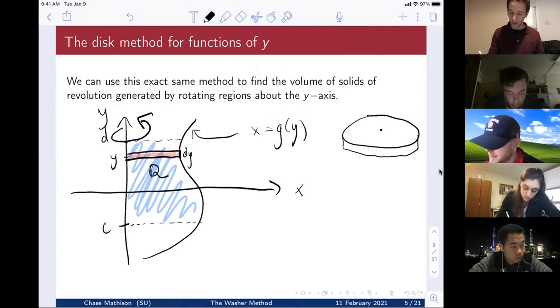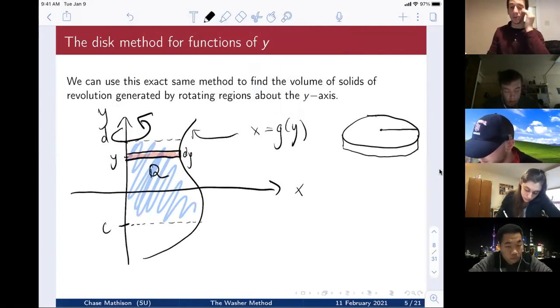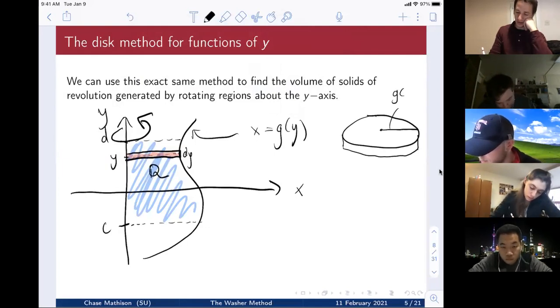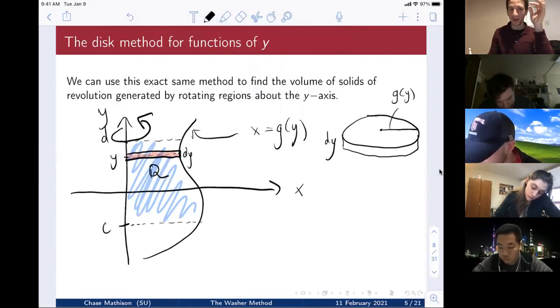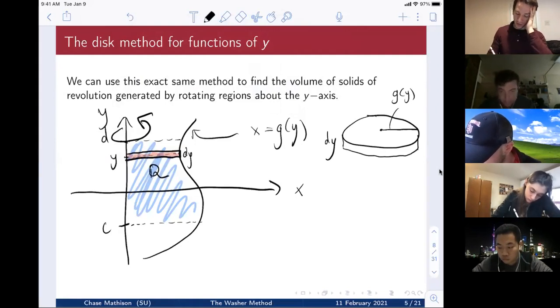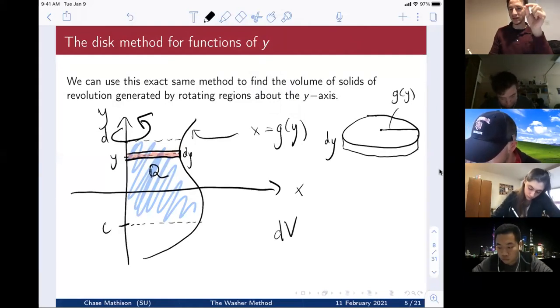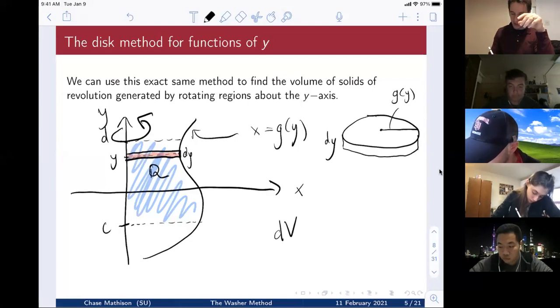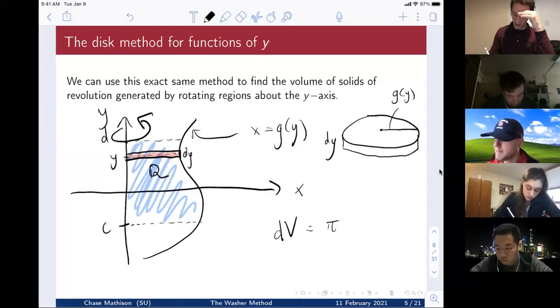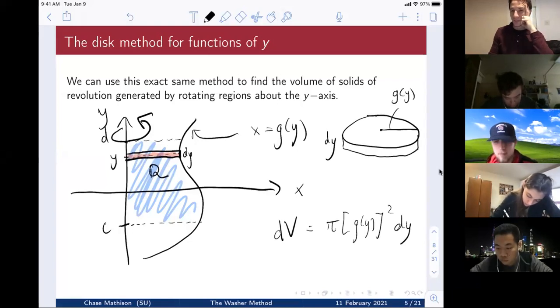The radius of this coin is g of y, and the width of this disc is dy, so the volume of that little coin is pi r squared, so pi times g of y squared times dy.